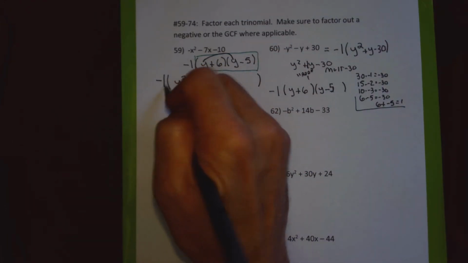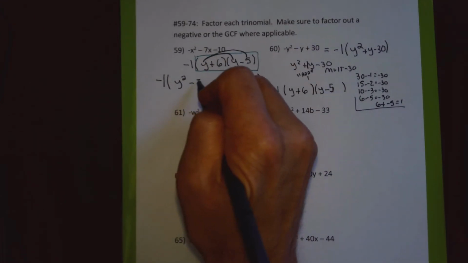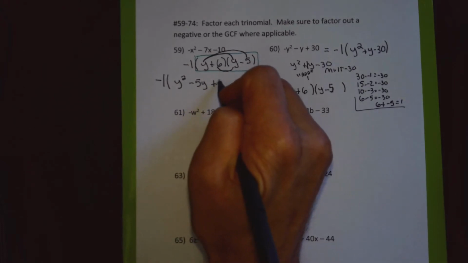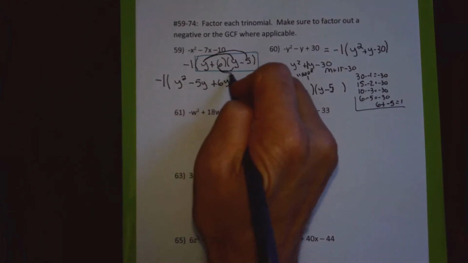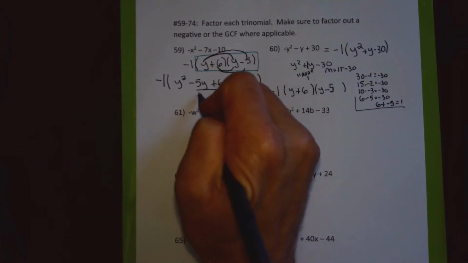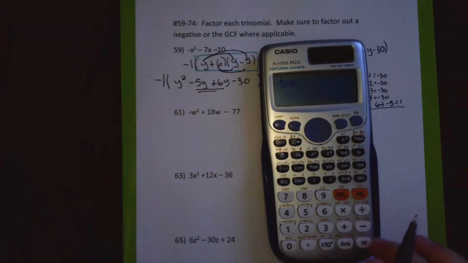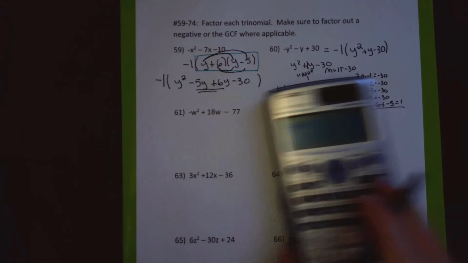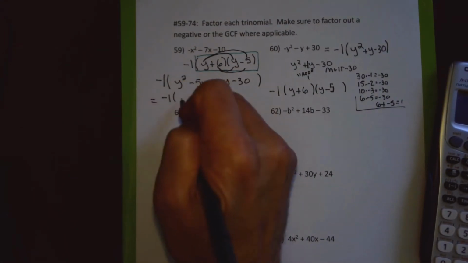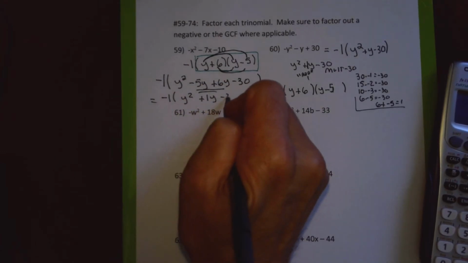Y times -5 is -5y. 6 times y is positive 6y. 6 times -5 is -30. I'm going to combine those terms, and -5 plus 6 gives me a positive 1. So this is going to give me -1 times y squared plus 1y minus 30.